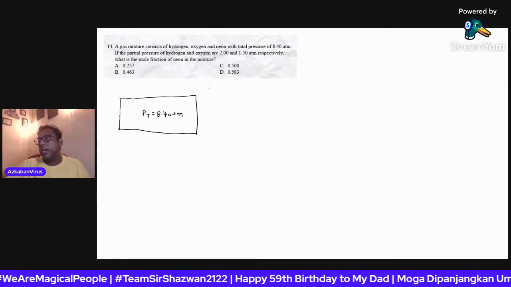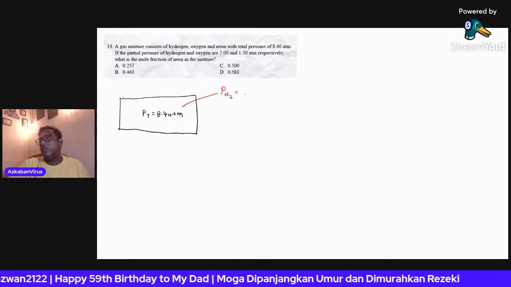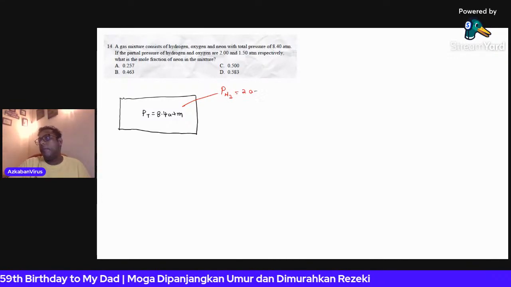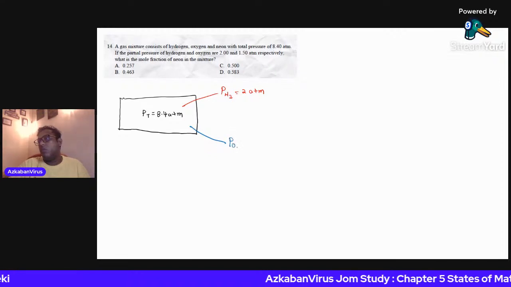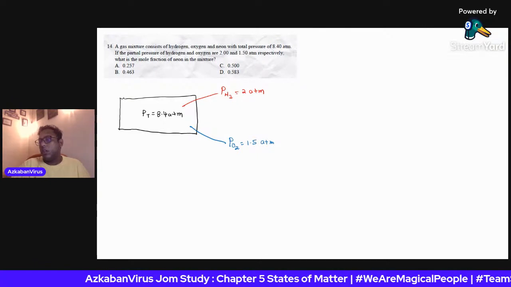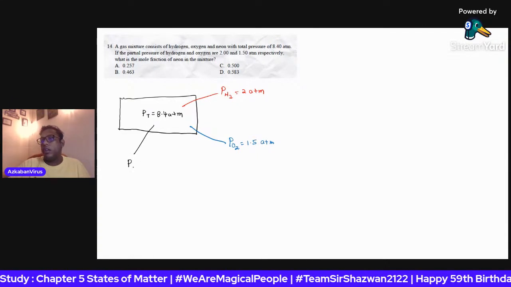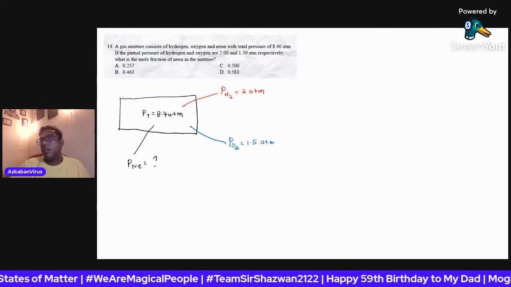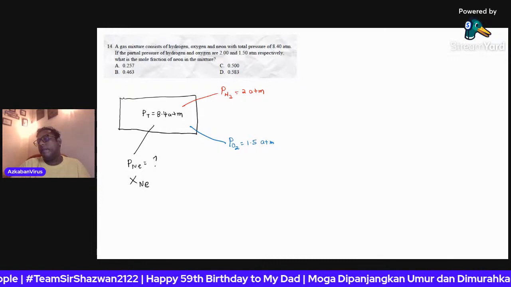Dalam ni kita masukkan pH2 which is equal to 2 atm. Kita masukkan PO2 is equal to 1.5 atm. Dan kita cari P neon. Dia minta mole fraction of neon.